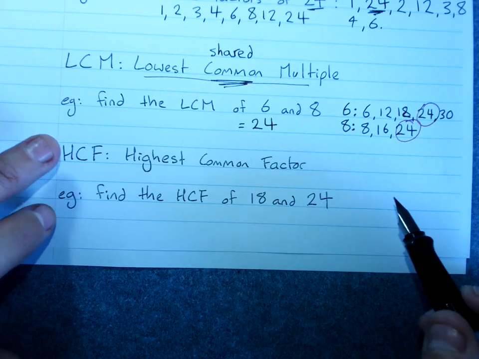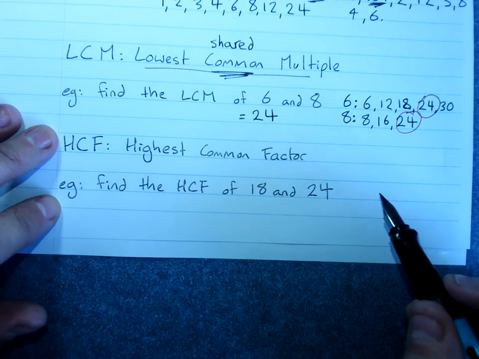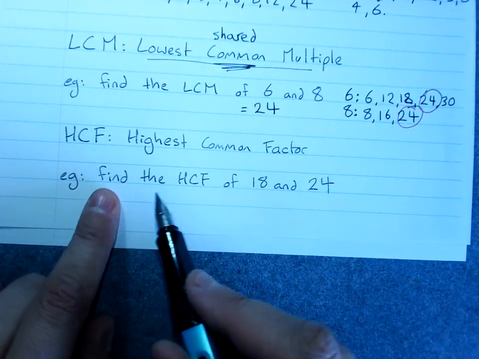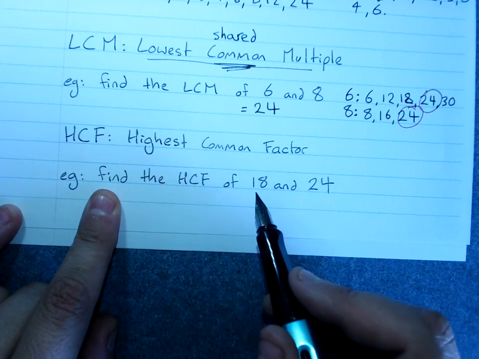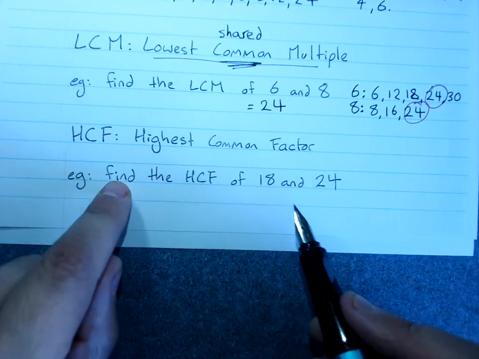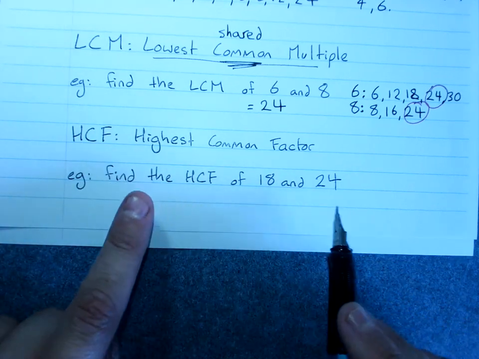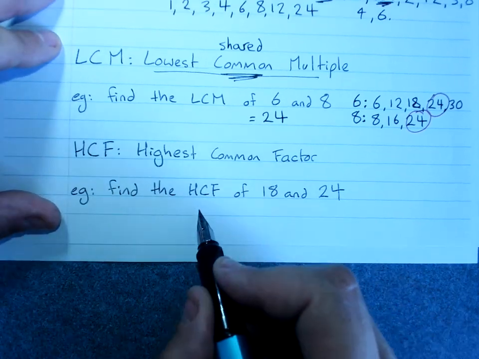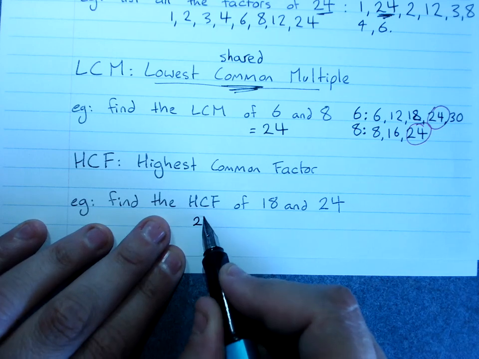And we also need to know highest common factor. Remember, common is shared. So when I ask find the HCF, the highest common factor of 18 and 24, that's saying list all the factors of both of them and what's the highest one. Now, we already had the factors of 24.